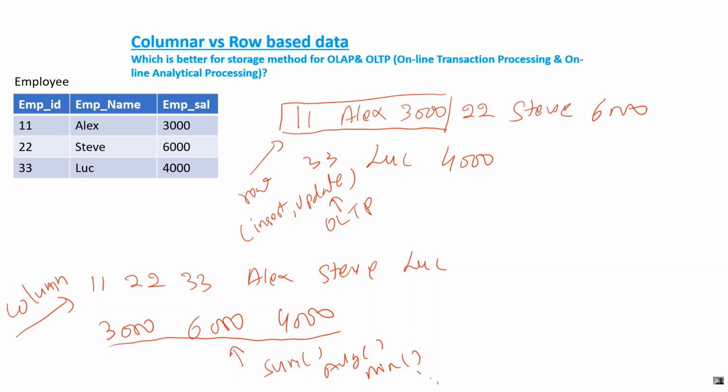All these operations will be easy because you are focusing on the particular column, applying an aggregation function, and getting a result. If you are doing a sum, the total would be 13,000. If this kind of operation is needed, then columnar is the best approach. It is more efficient at getting a result. So once we talk about OLAP, analytic processing, the columnar approach is more efficient and gives fast query results out of this data set.